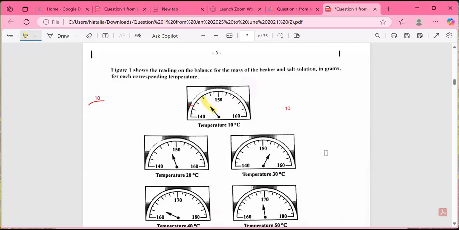That looks like the line, right? So that would be 42, 44, 46, 146. Clear? So 10 is 146. Anybody can read off the next one? This 20 is 148.